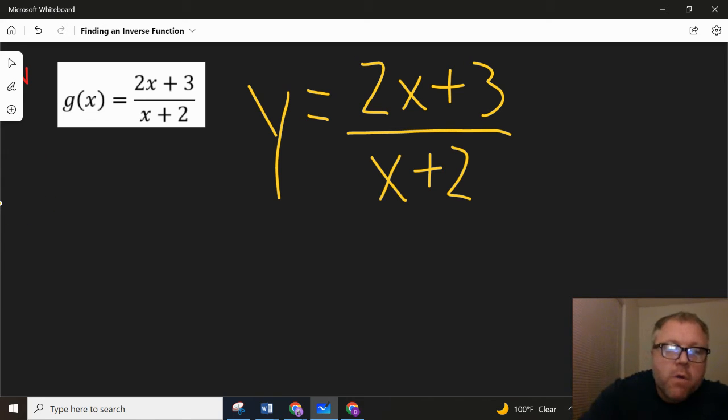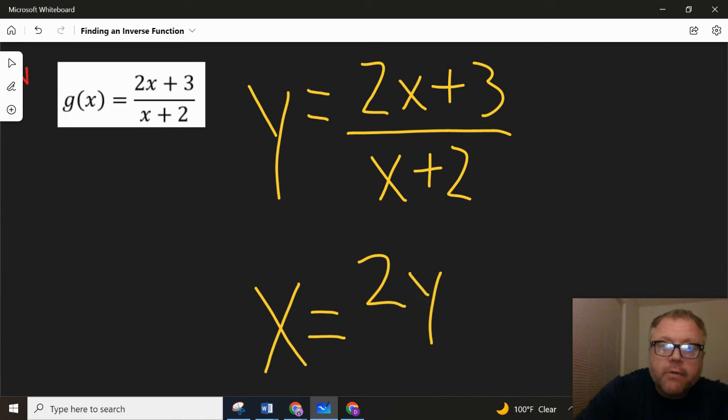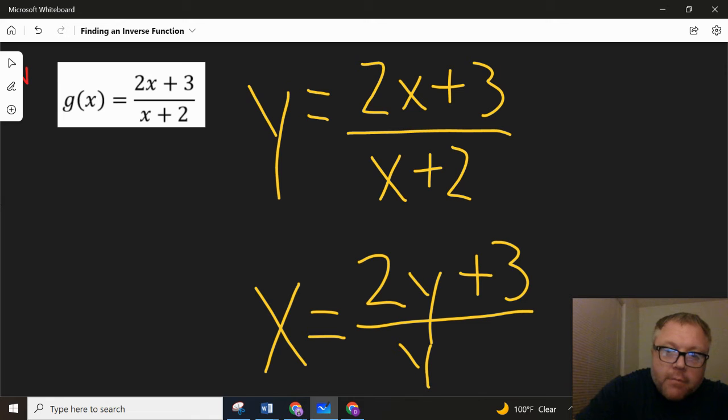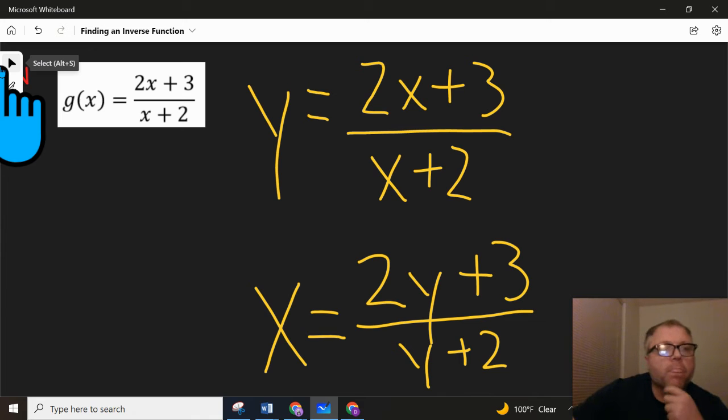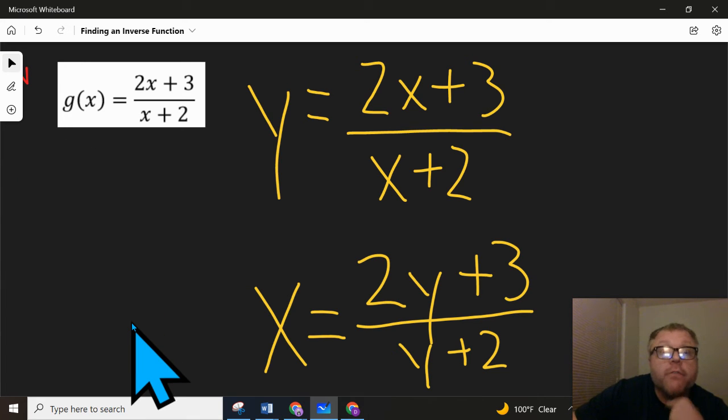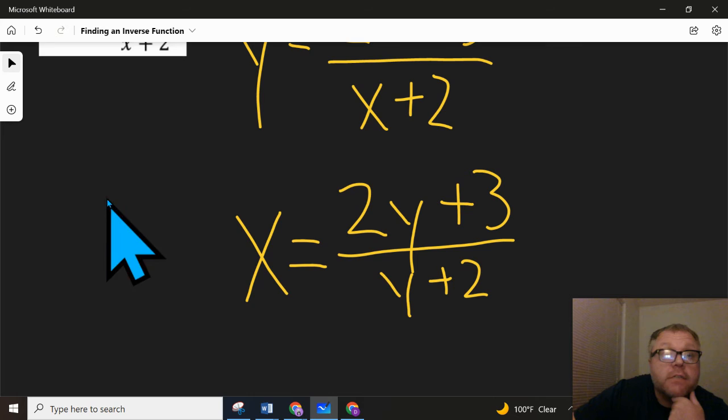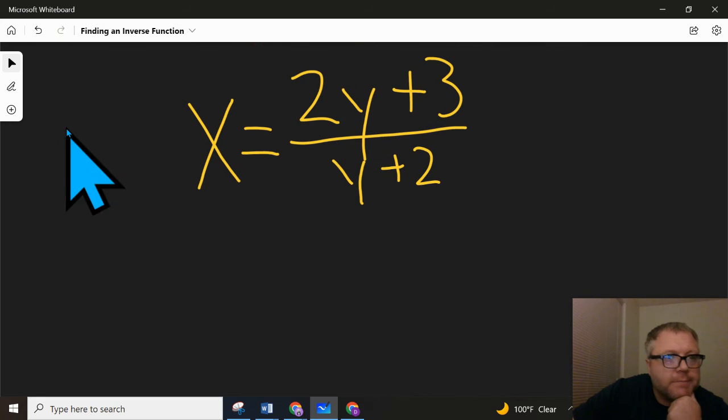So x equals 2y plus 3 divided by the quantity of y plus 2. Wherever there's an x, there's now a y. Now the part of solving for y. Let's do that.